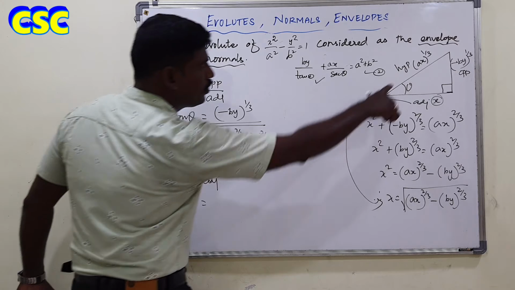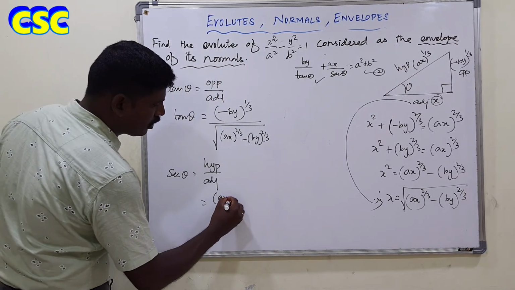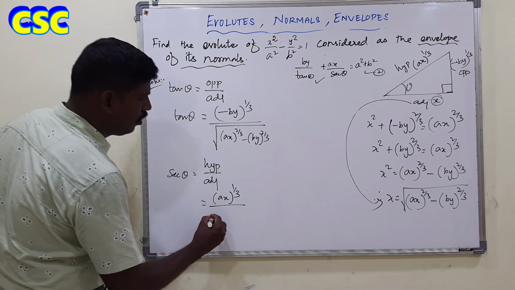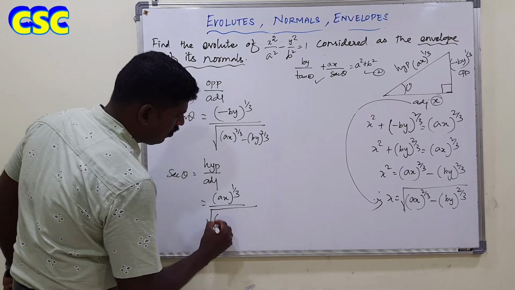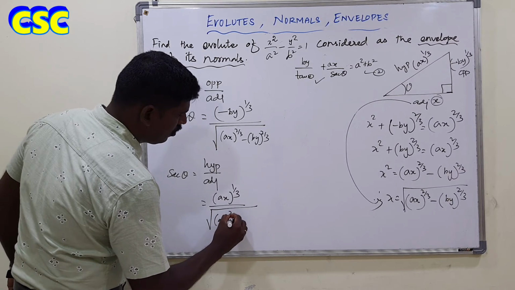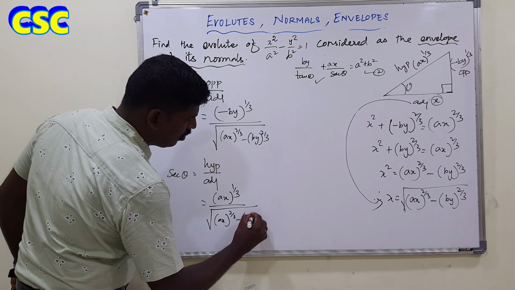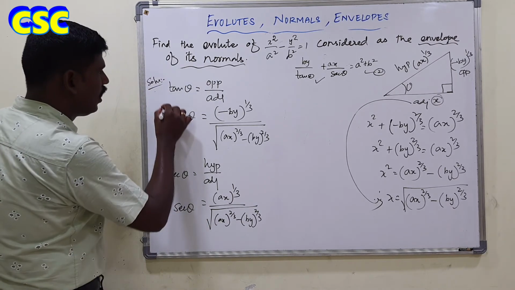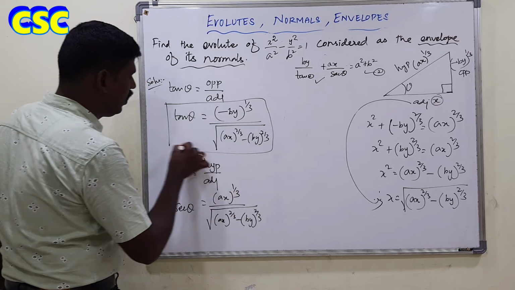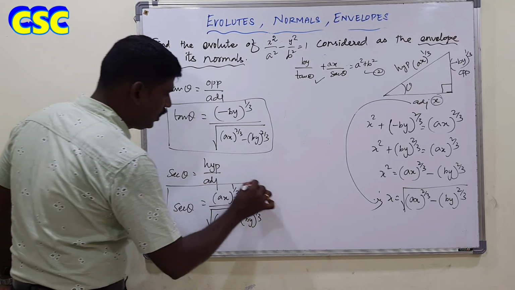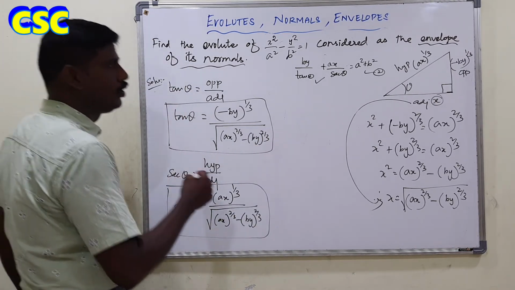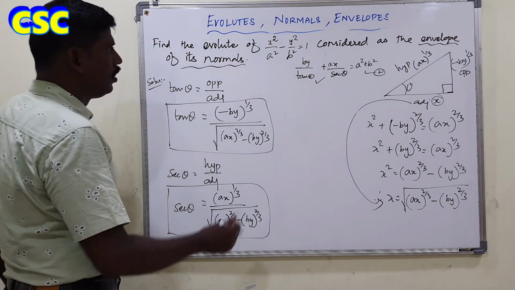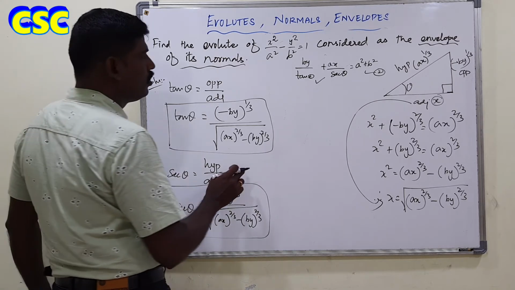The hypotenuse is ax power 1 by 3, and the adjacent side is the root of ax power 2 by 3 minus by power 2 by 3. So this is the value of secant theta. I found tan theta and secant theta from sin theta through the trigonometrical ratios.